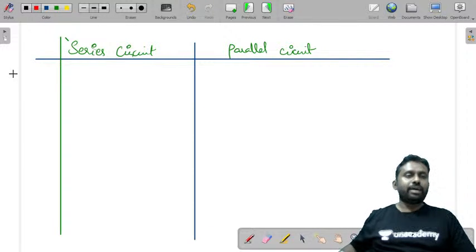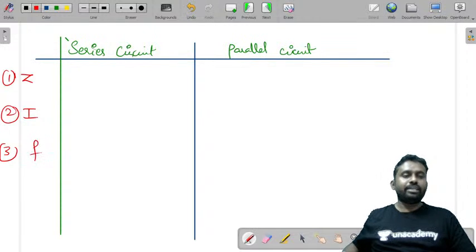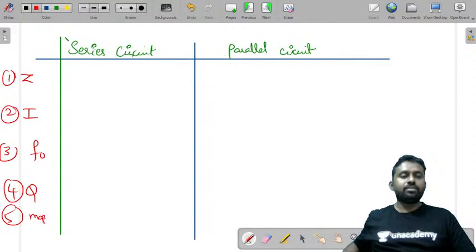The first parameter is the impedance, and the second parameter is current, and the third parameter is resonant frequency, and the fourth parameter is quality factor, and the fifth parameter is what it magnifies.